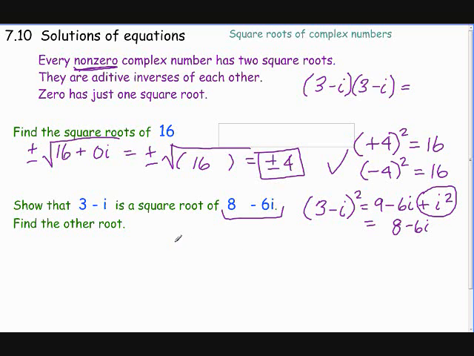Now find the other root. Oh. Well, would the other root be the negative version of that? I could try that. Let's see what happens. So that would be a negative 3 plus i. Let's see if that will work. If I square that, will I get this?